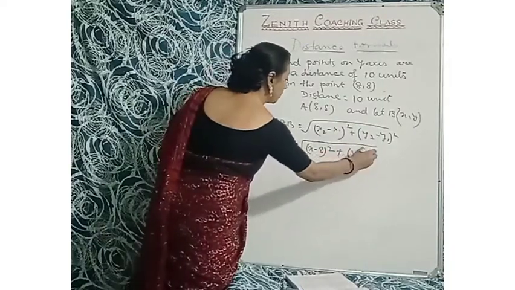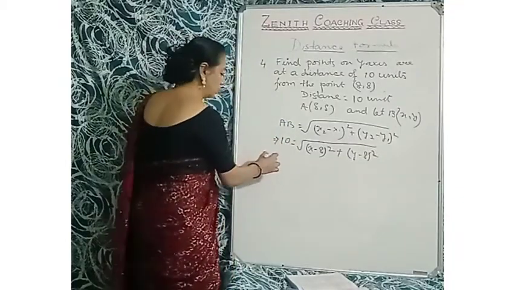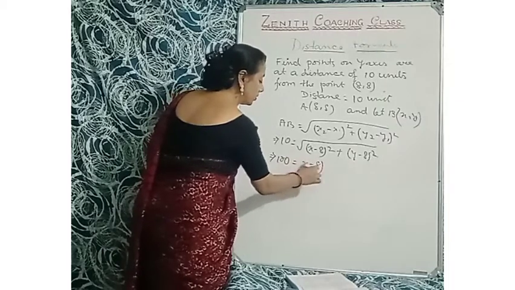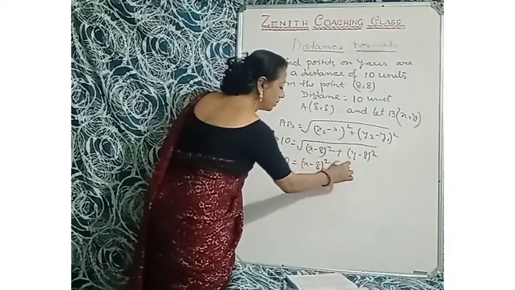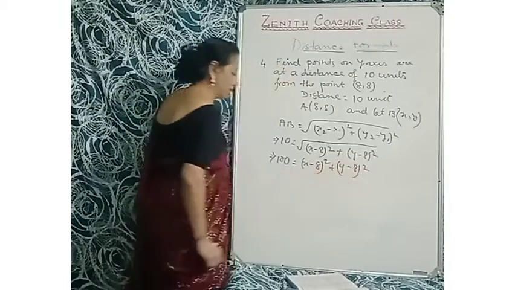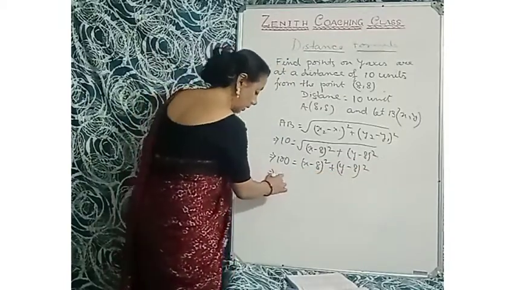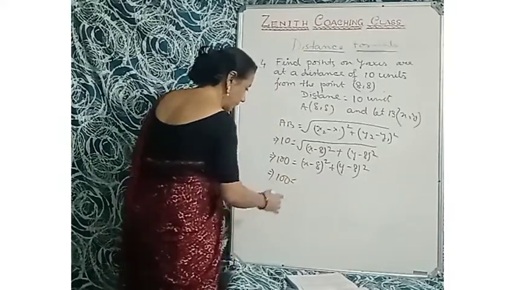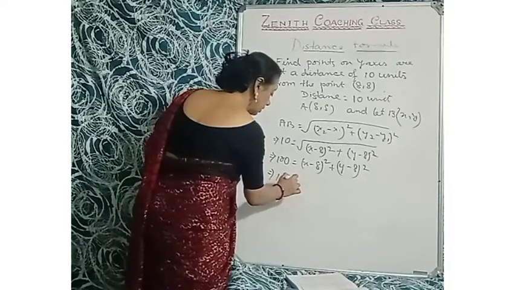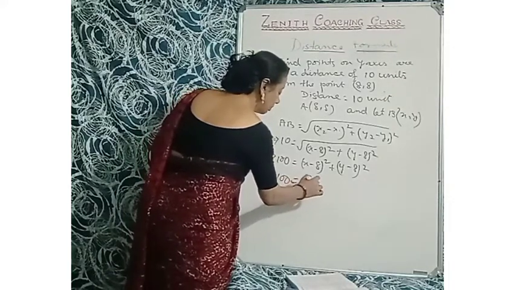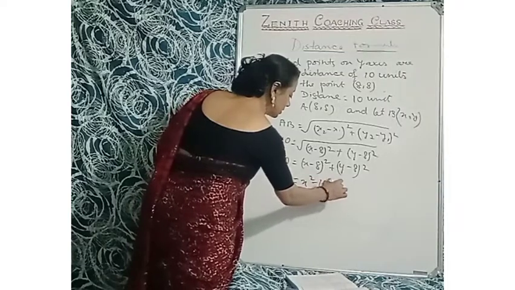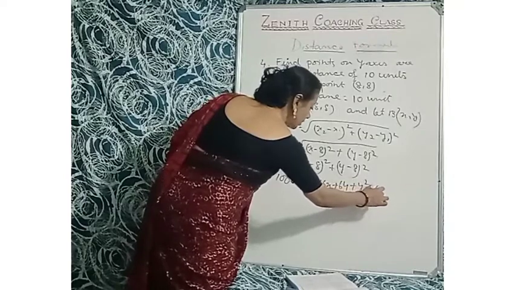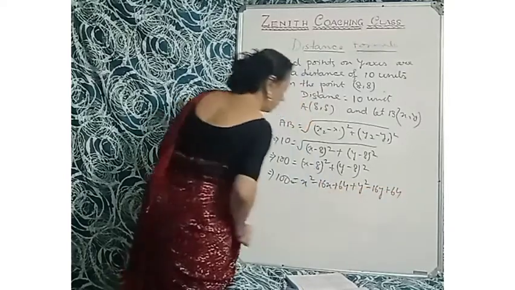Okay. So now squaring both sides: 100 equals (x minus 8) whole square plus (y minus 8) whole square. So 100 equals x square minus 16x plus 64 plus y square minus 16y plus 64.